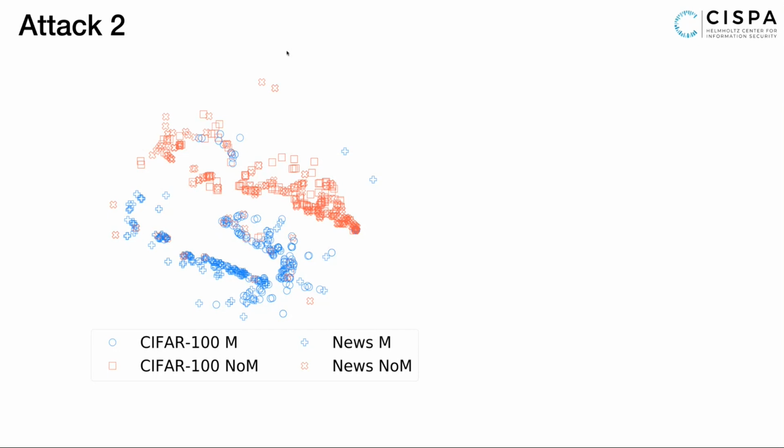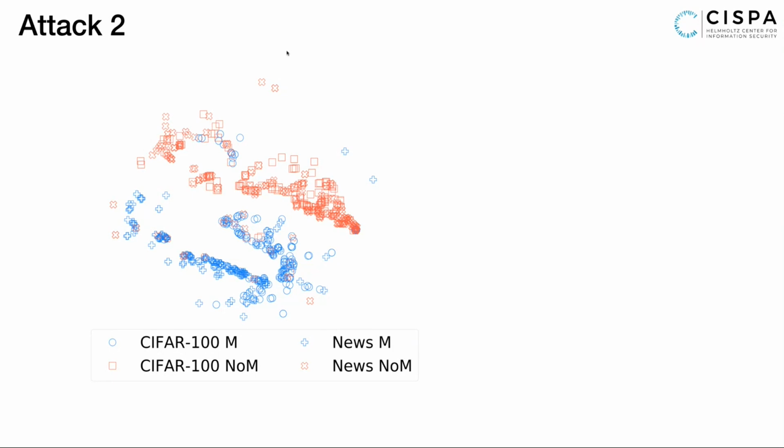On the left figure on this slide, I have the t-SNE dimension reduction of the input to the attack model for CIFAR-100 and news. As I said, the input to the attack model is the top 3 posteriors, and now I'm reducing it to 2 dimensions with t-SNE.